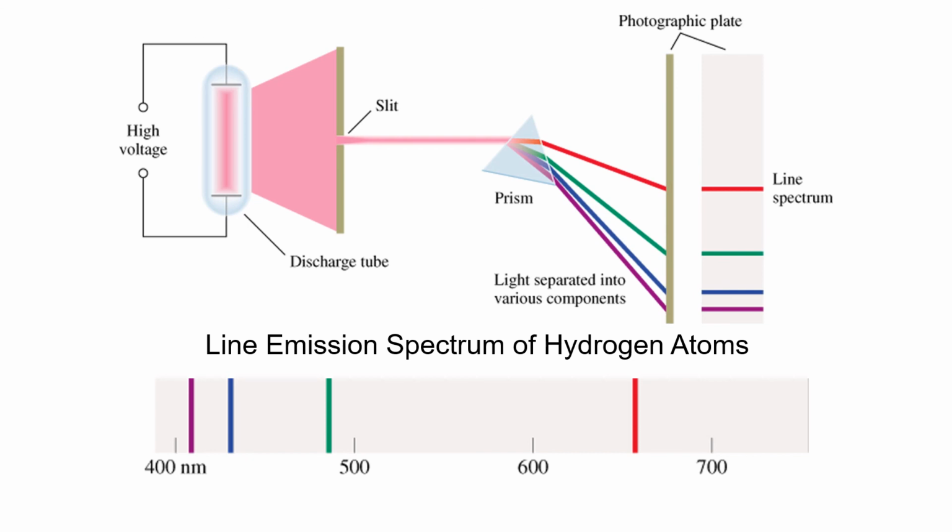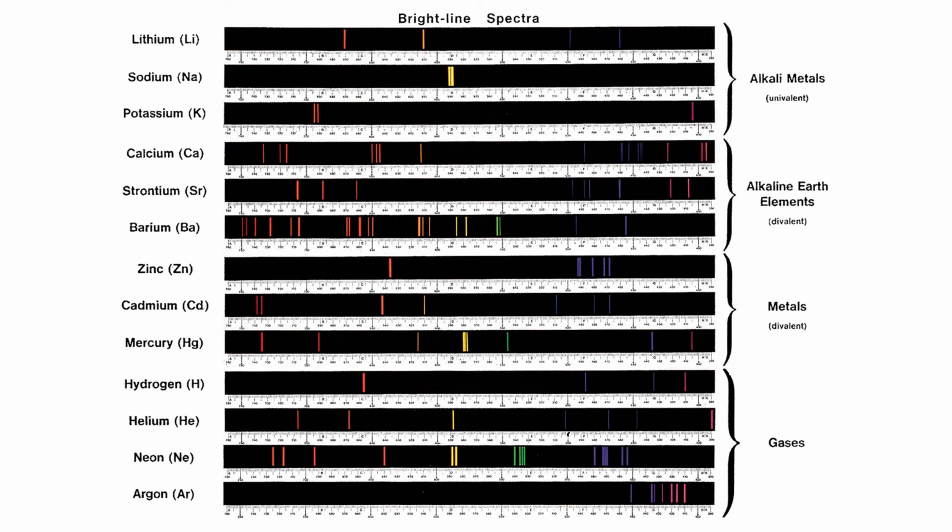And so what's the significance of this? It shows us that when an excited atom loses energy, only specific amounts of energy can be lost. Thus, we can conclude that electrons in an atom are restricted to specific energy levels, and that the energy of an electron is quantized. And this last figure, or last slide in the intro to electromagnetic radiation, shows a number of line spectra for different elements.